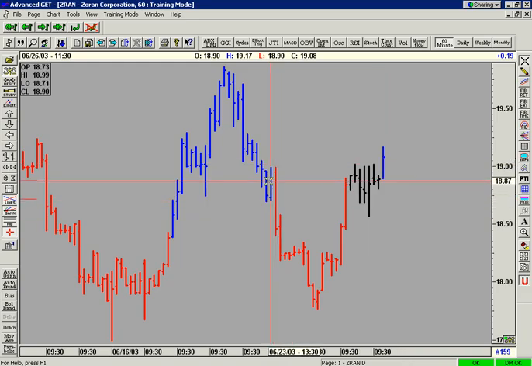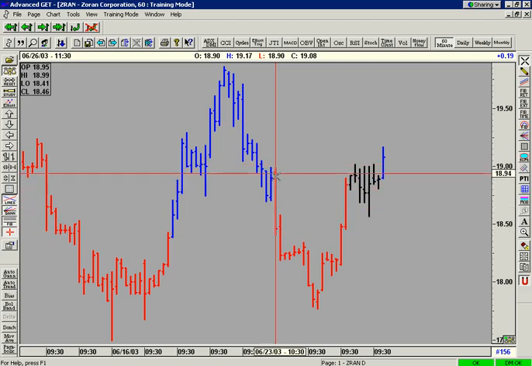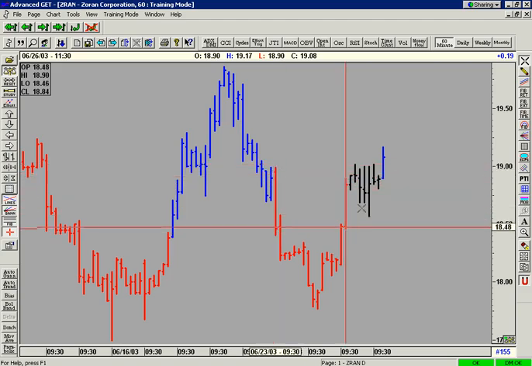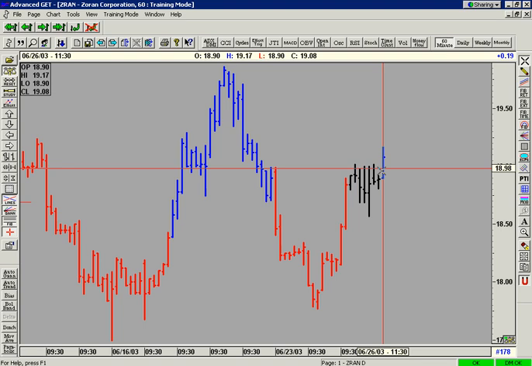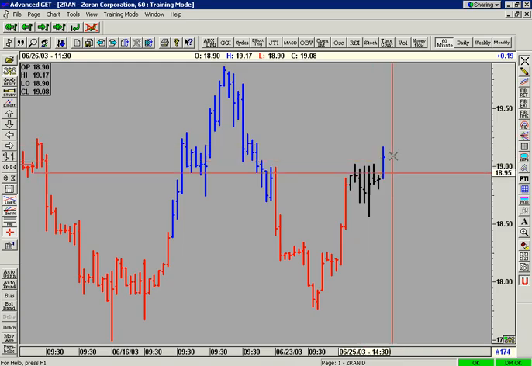So back here when we went from blue to red on the 23rd of June, this was a breakout bar in the down direction when this first red bar came in. And now on the 26th of June, we have a first blue bar, which is going to be our breakout in the up direction. So the first step in identifying using the XTL tool is to find the breakout bar, which is what we've done here.